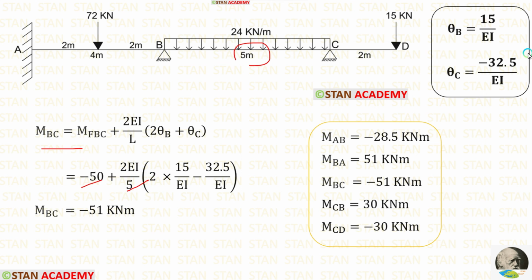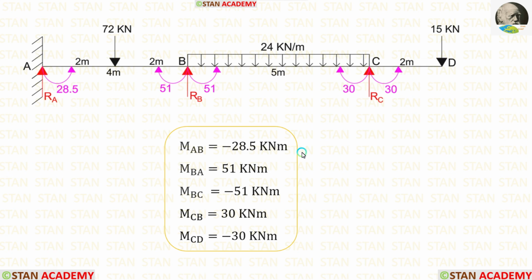Let us apply that. After applying the values of theta B and theta C, we are getting MBC, which is equal to minus 51 kilonewton meter. In this analysis, we have calculated all of the moments.